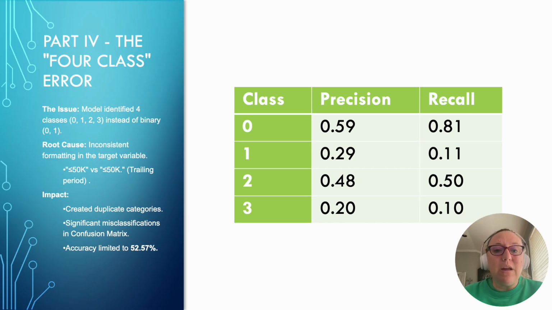The target variable had inconsistent formatting. Some entries had a trailing period, like less than 50K dot, while others did not. This caused the computer to see 4 different income groups instead of only 2, which ultimately dragged our accuracy down to 52%.